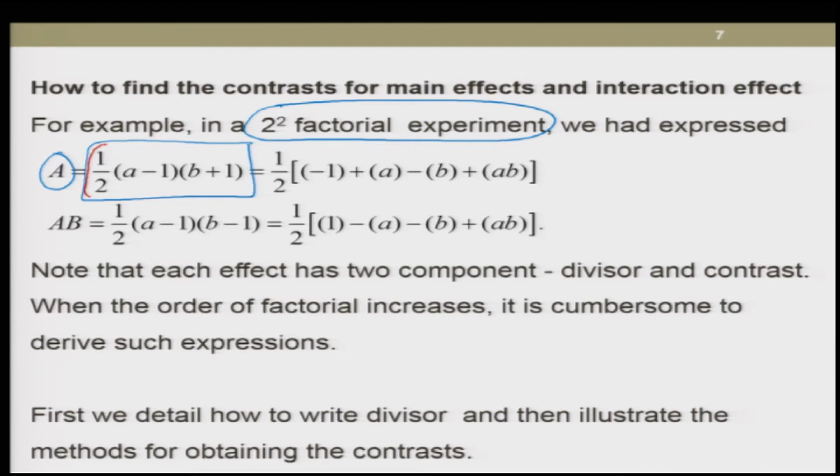One is the multiplication factor or the divisor, which is 2, and the other is the expression (a minus 1) into (b plus 1). Similarly, in the case of AB also, you have the divisor 2, and the expression is (a minus 1) and (b minus 1).